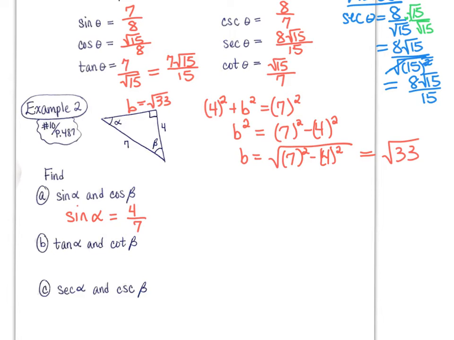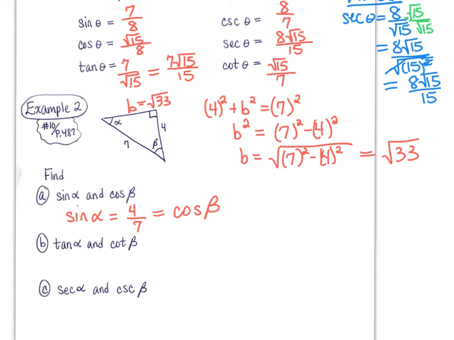And cosine of beta would be equal to what? Adjacent over hypotenuse. And what's your adjacent? 4. 4 over 7. So notice that they are the same. So sine of alpha is the same thing as cosine of beta.